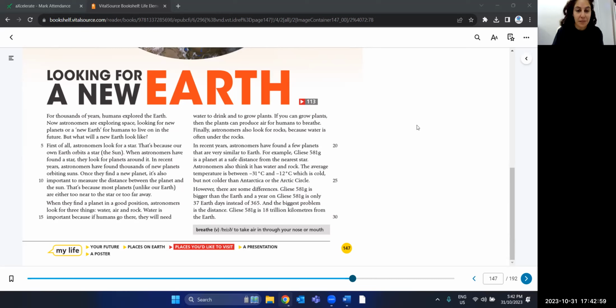And the biggest problem is the distance. Gliese 581g is 18 trillion kilometers from the Earth.